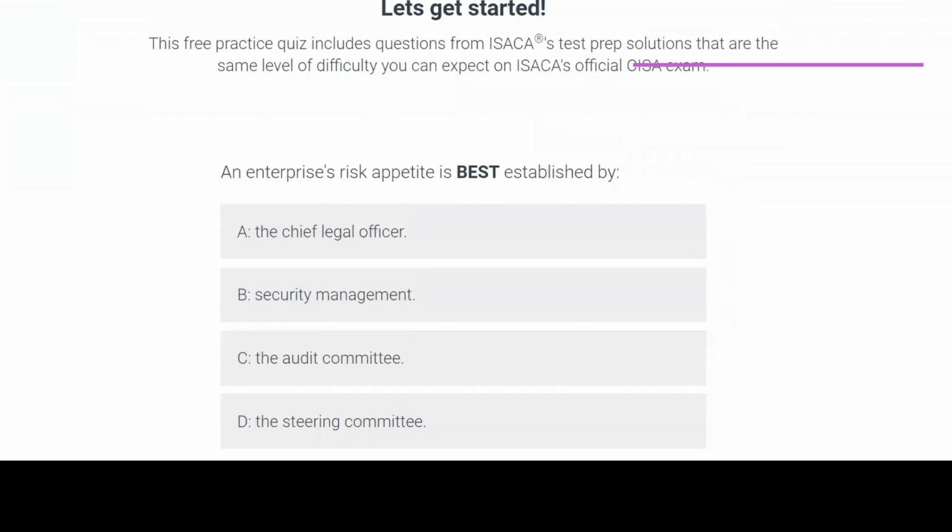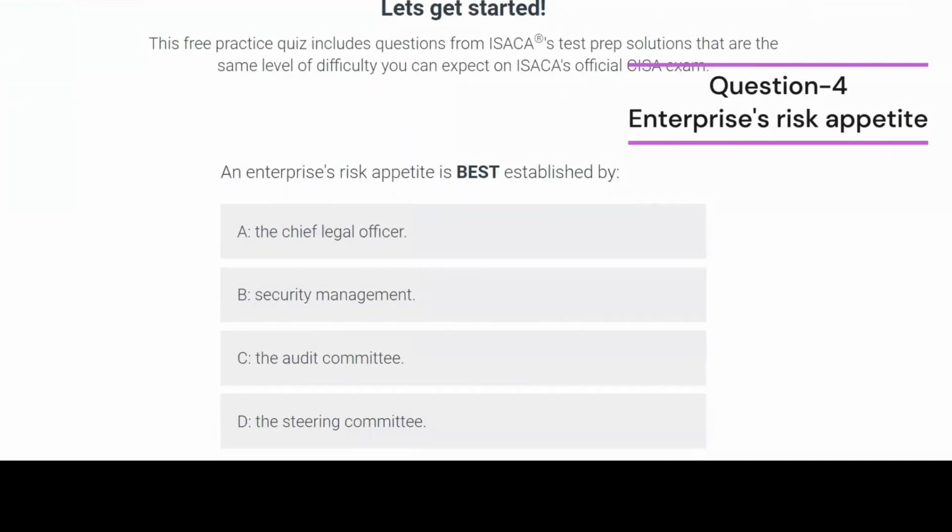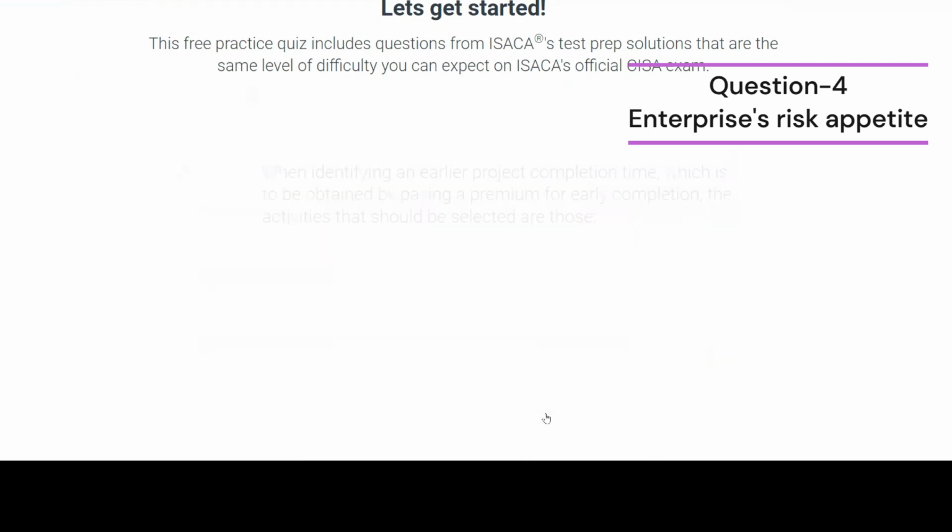Let's go to the next question. An enterprise's risk appetite is best established by: the chief legal officer, security management, the audit team, or the steering committee. So the steering committee will be the right answer.